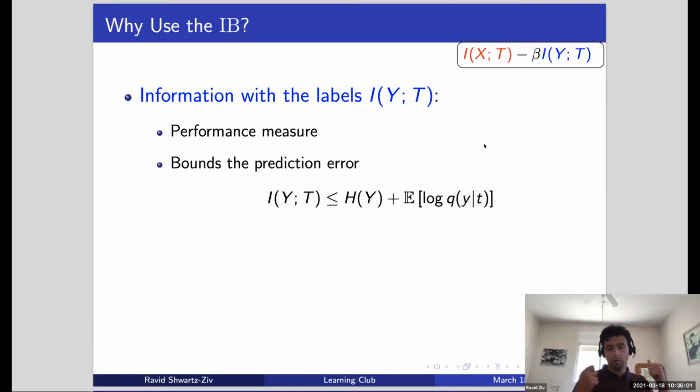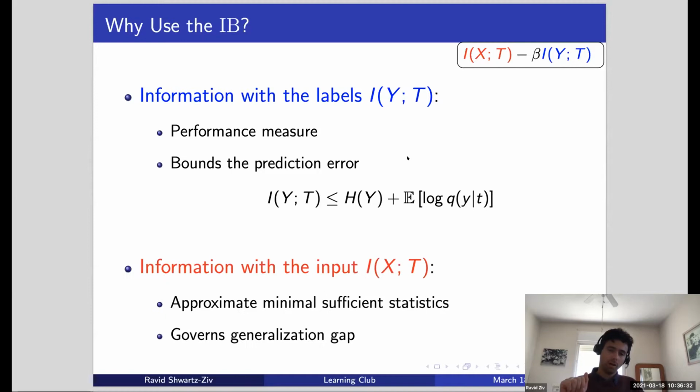So log Q of y given T is our prediction, or the log loss that everyone is using to optimize a network, for example. This expectation is exactly the log loss that we are interested in. So the information with the labels bounds this performance measure.